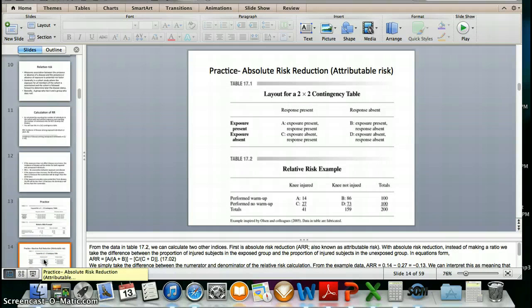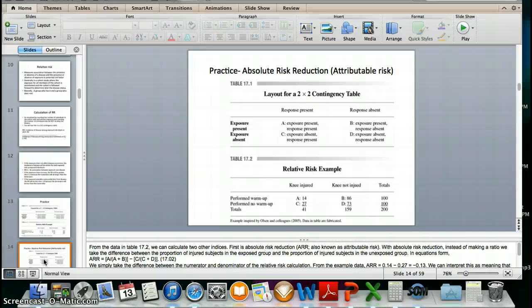All right, now let's talk about absolute risk reduction, which we really didn't talk a whole lot about in terms of the definition of what it is. Essentially, absolute risk reduction is attributable risk.